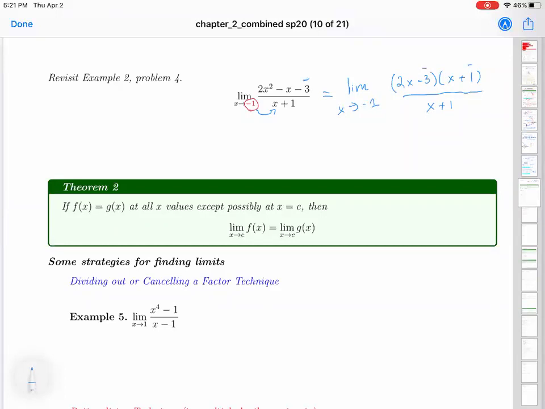And when you multiply 3 times -x, you get -3x, and you multiply this here, you get 2x, so -3x plus 2x is -x. So this factoring works. And since this works, what else can I do? I can get rid of the x plus 1 and x plus 1 here. And now my function is left with just 2x minus 3. And I can plug -1 into the x here to get the limit of this function.